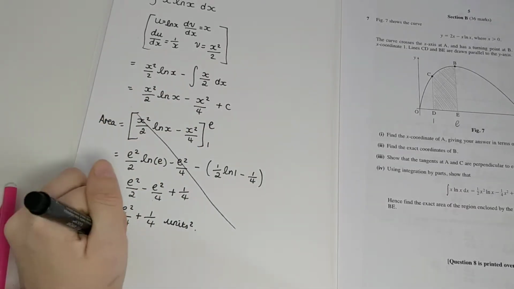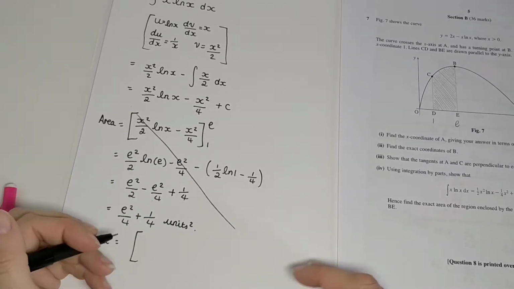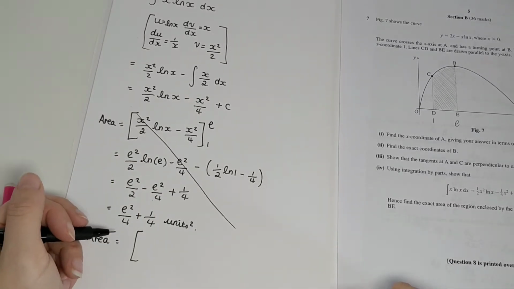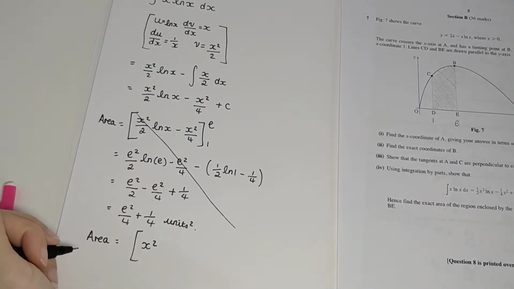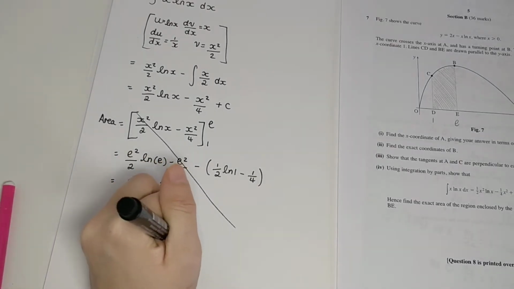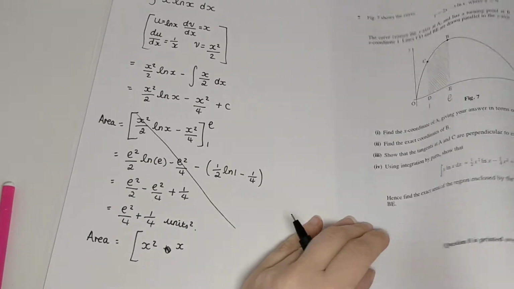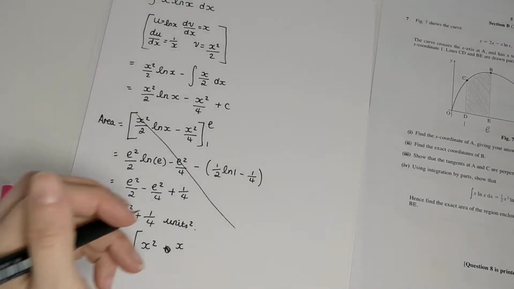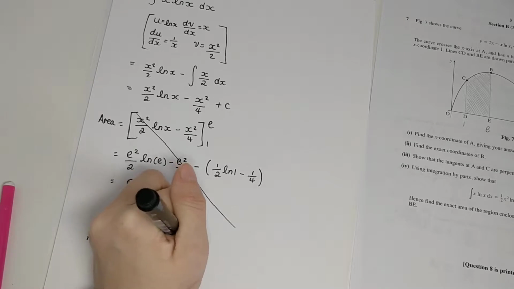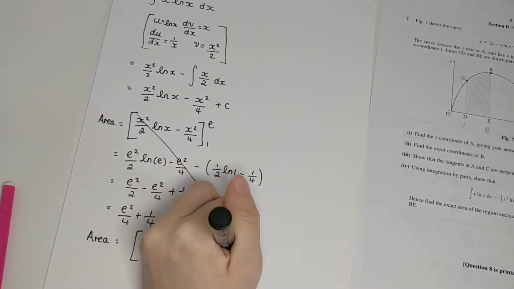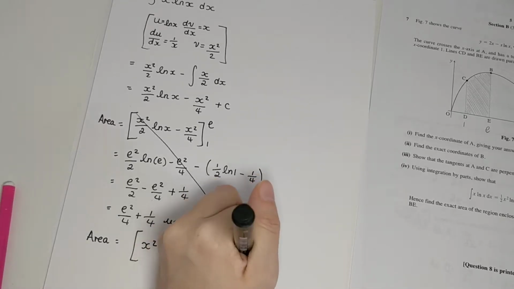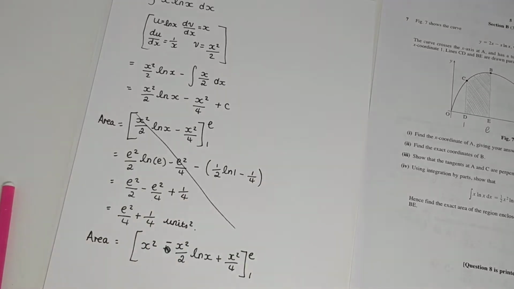Because I also need to integrate the 2x bit. Obviously, if I integrate 2x, I get just x squared. So I just have to squeeze in an x squared. And then the rest of the integral was minus, so I just have to minus the rest of this thing. Like that.